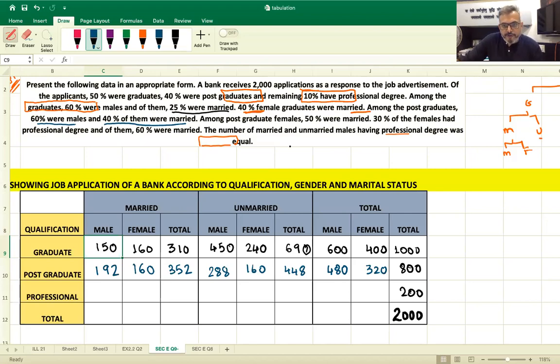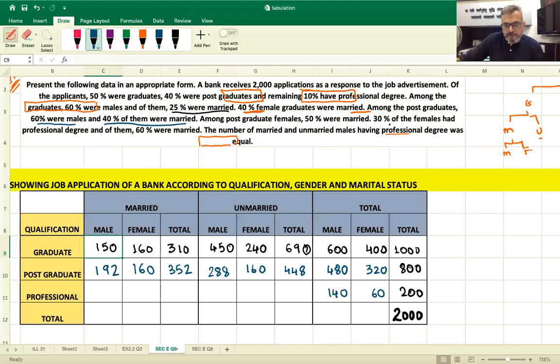Then let's go to professional. 30% of females had professional degree. So 30% of 200 females comes to 60. So 70% males, 140.